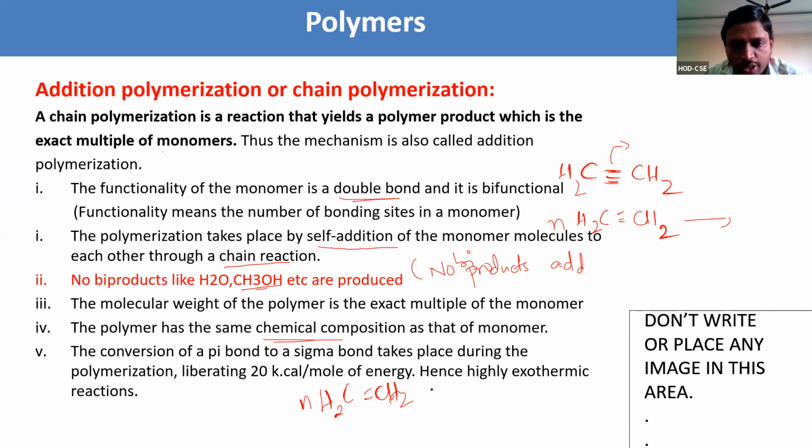On polymerization, it gives polyethylene, (CH2-CH2)n, where n indicates the polymer chain. Monomers on polymerization give the polymer. There is no change in the chemical composition; it is the same as the monomer.